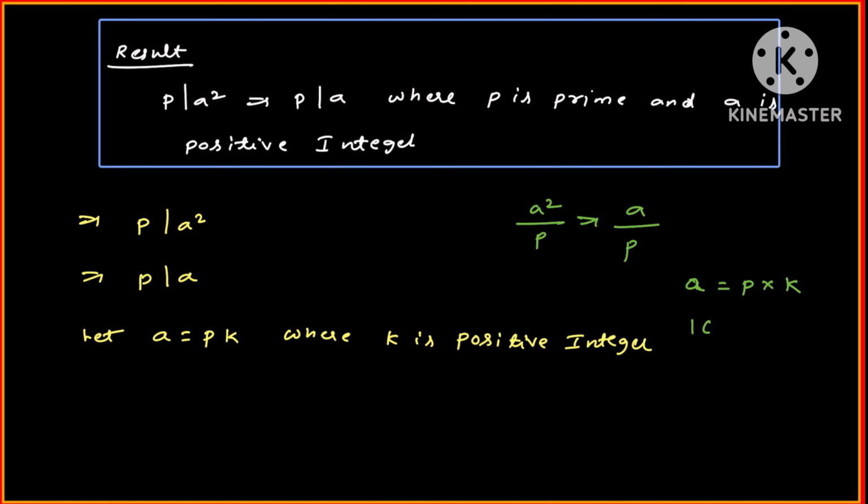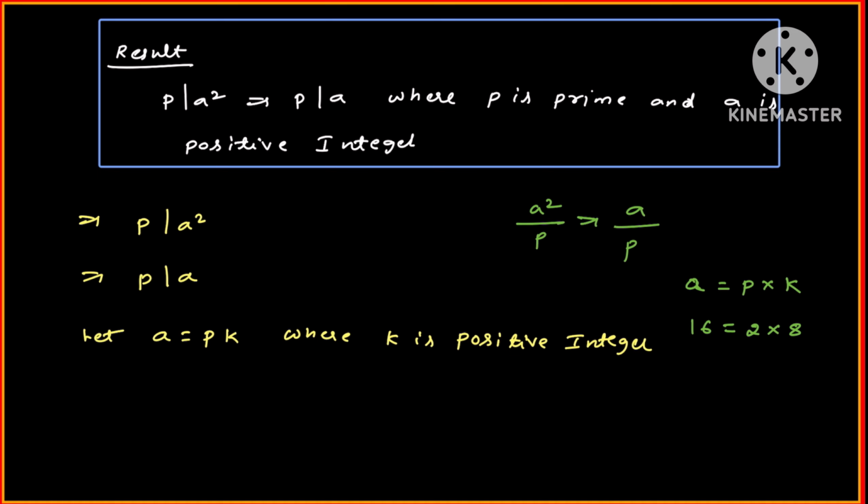For example, if I take 16, I can express it as 2 into 8. 2 is a factor of 16 and 8 is also a factor of 16. Here 2 is a prime number, 8 is a positive integer. So I can express a in terms of prime into positive integer. Is it clear? That means here p is a factor of a.